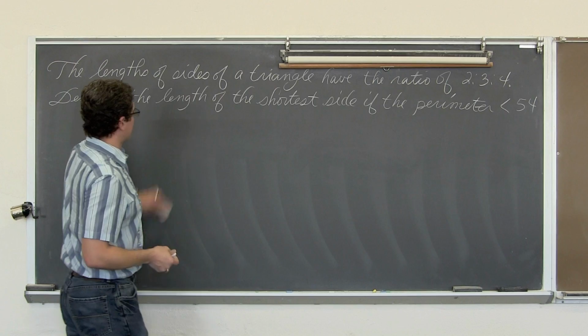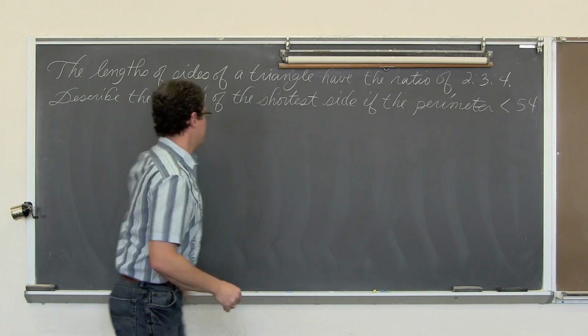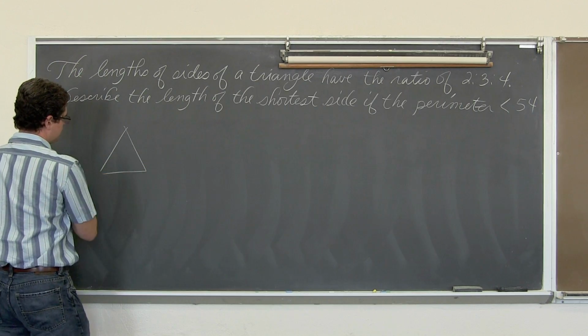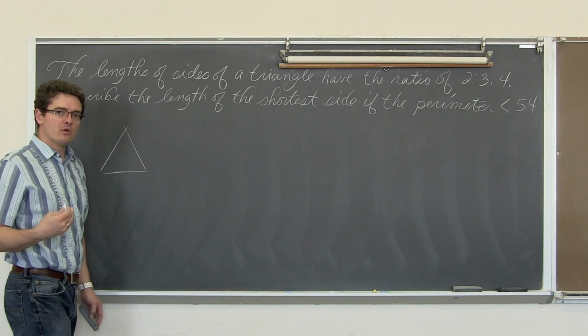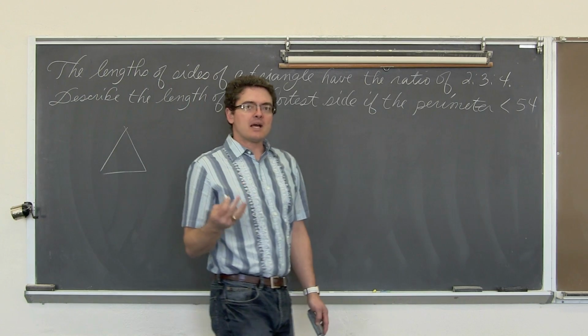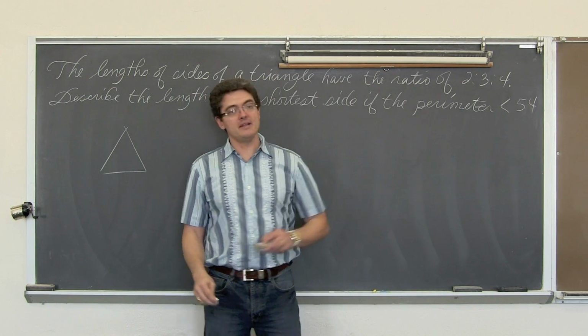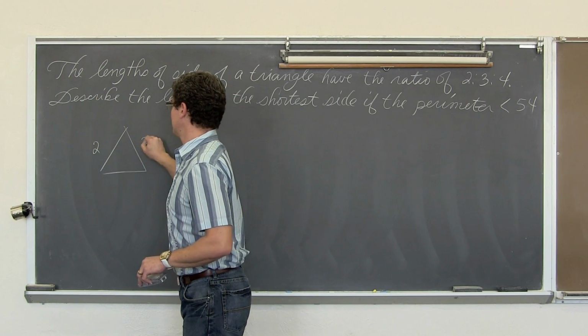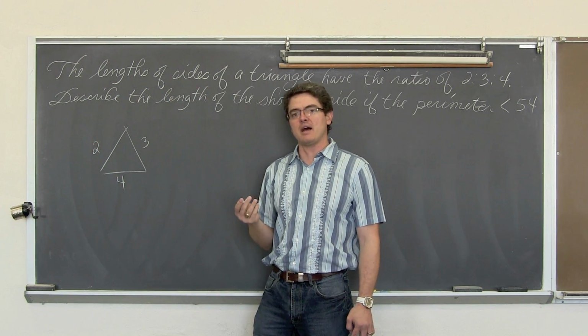So when we say that the perimeter of this triangle is 54, well, a triangle has 3 sides, and they need to add up. Perimeter is the length around the entire outside of the object. This triangle has sides with a ratio of 2 to 3 to 4. But again, that doesn't mean that's the actual lengths of the sides.